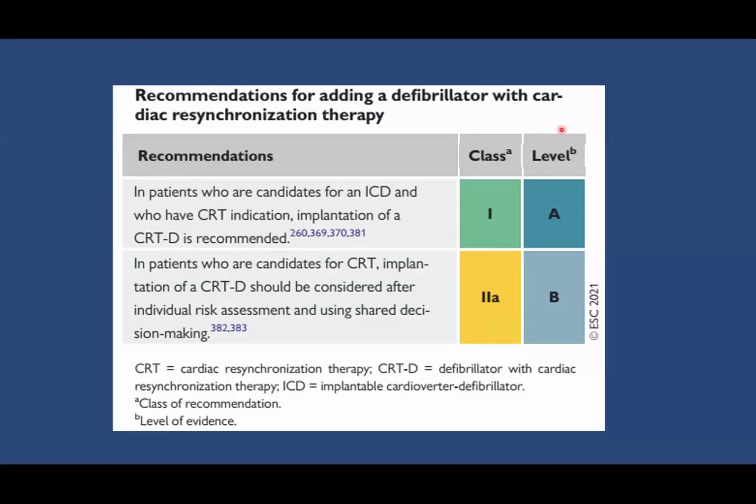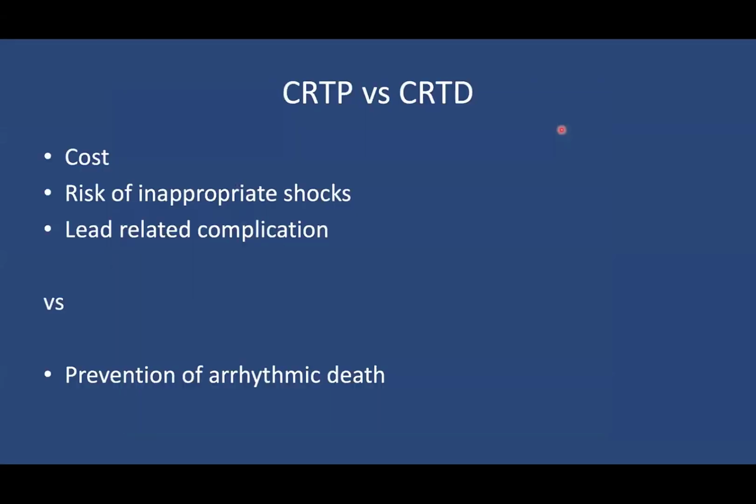I think Dr. Hani gave a really good summary of which patients should get an ICD and which ones could be considered for just a CRT-P. And some of the things that we grapple with in East Africa include the cost, but of course, across the world, the risk of inappropriate shocks from a device with a defibrillator and the risk of arrhythmic death is higher. Some of the lead-related complications include the coils that then create venous fibrosis and venous problems.